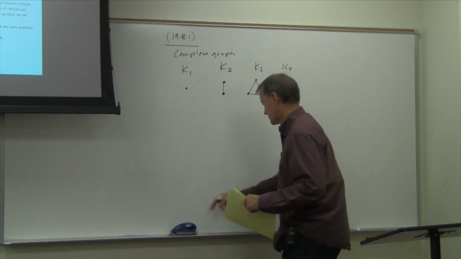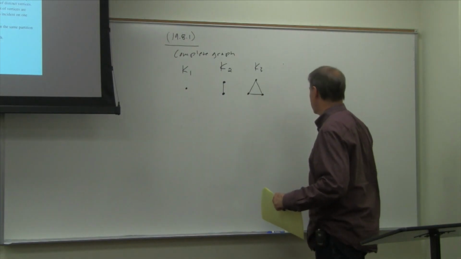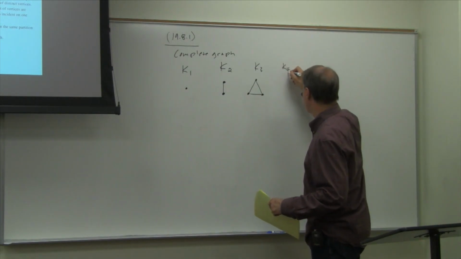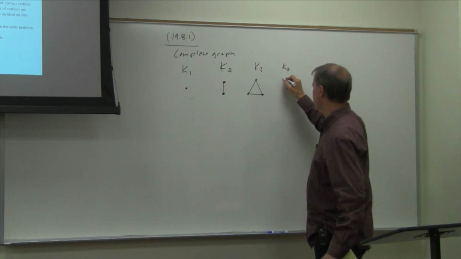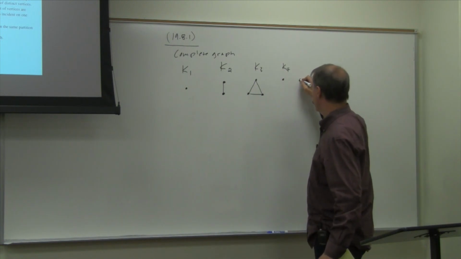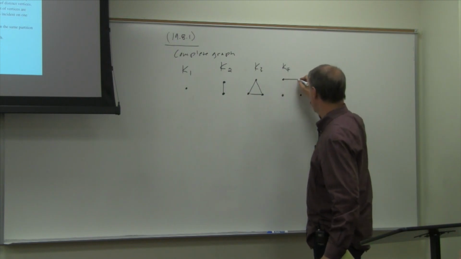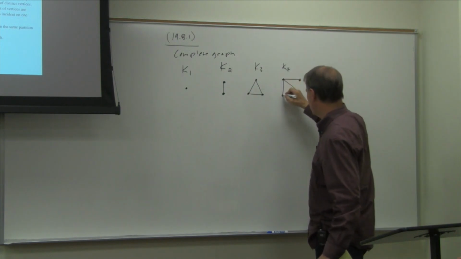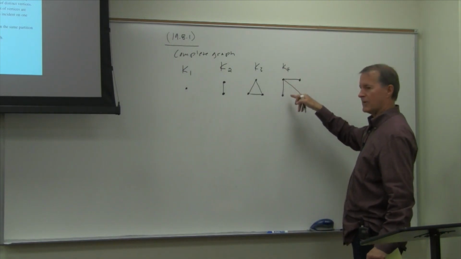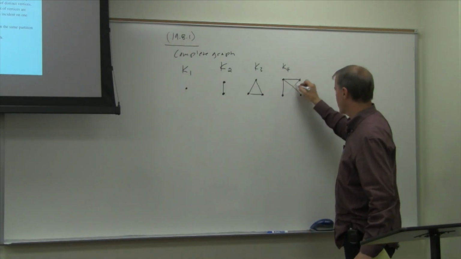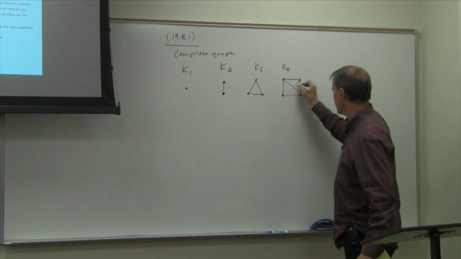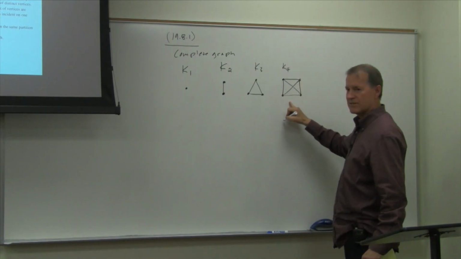K4 looks like either a square or a diamond or rhombus. And then what do we have? Boom, boom, boom. One from this one to all the other ones, one from this one to all the other ones, and one from this one to all the other ones. So everybody see that's K4?